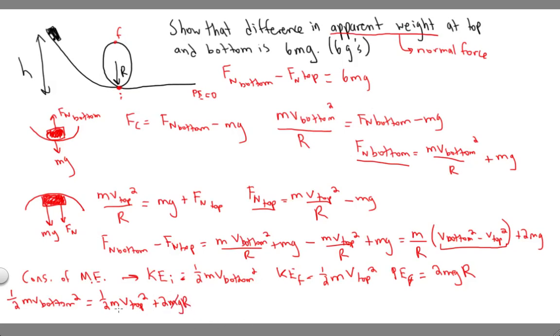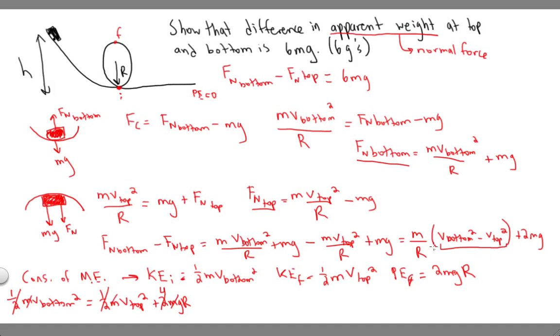See how the m's will cancel here? There's one m in each term. And we can divide through by 1/2, canceling this. If we divide 2 by 1/2, this is actually going to change to a 4. So we have v bottom squared equals v top squared plus 4gr.